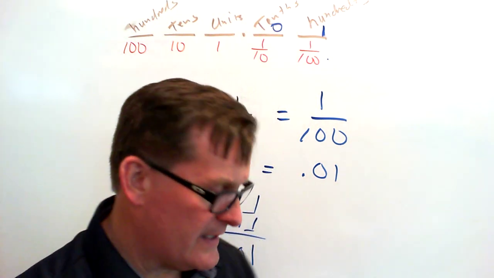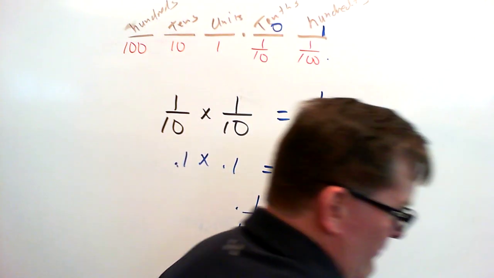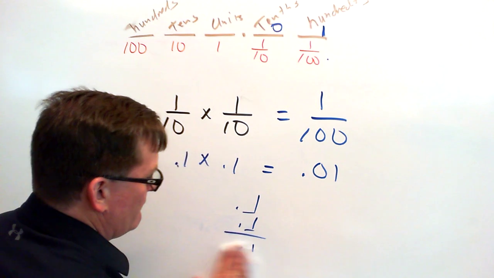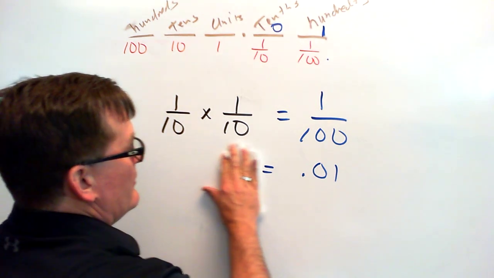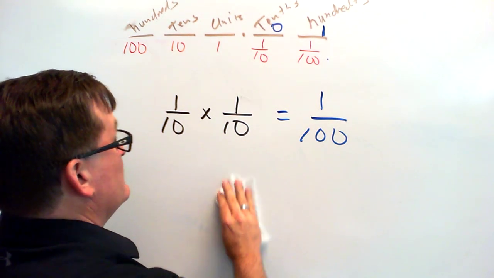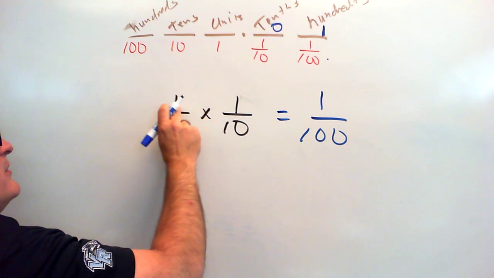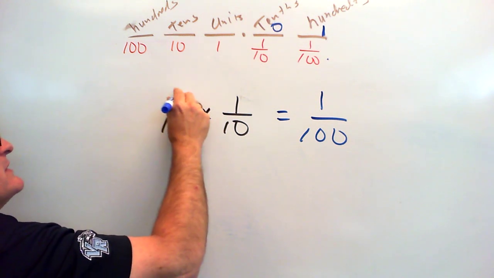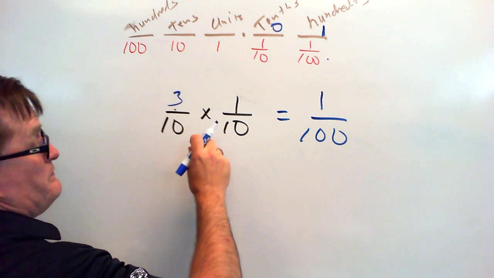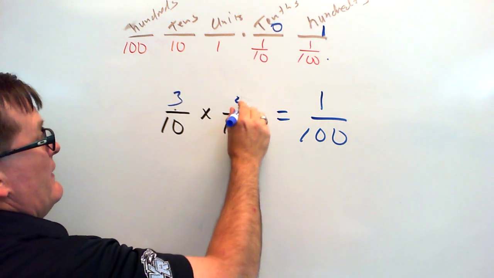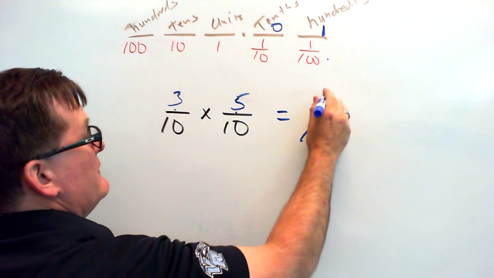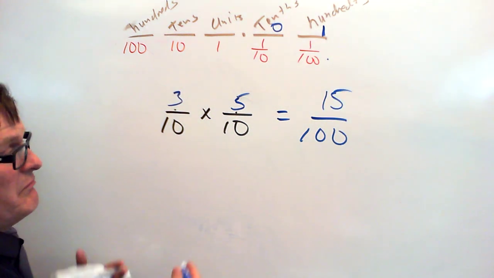You're just counting decimal places, and you'll see that reiterated over and over again in the coming videos, so you'll have it down. The purpose of this video, again, is just to really show you why that works. Now, nothing changes. Say I throw a few numbers up here, 3/10, and let's put a 5 there. 5/10 would be 15/100.